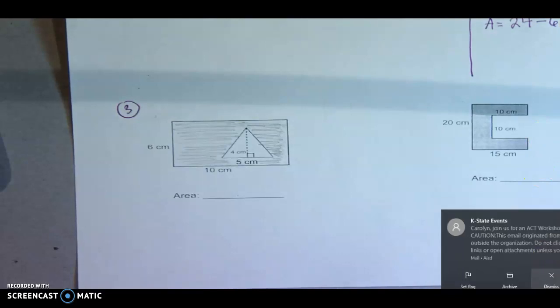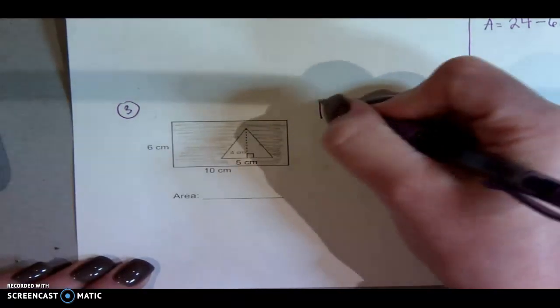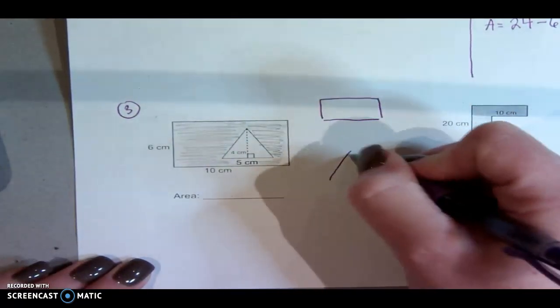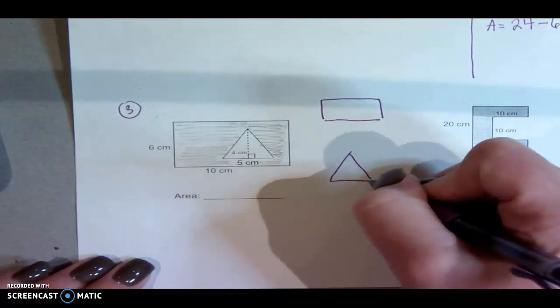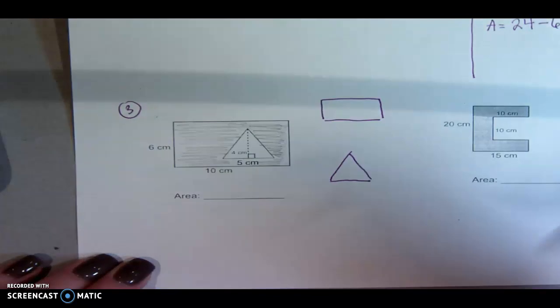So we had a rectangular shape, and then the triangular shape has been taken out of it. Okay, so once again, we're working with rectangle and triangle, and take that step to separate your measurements.